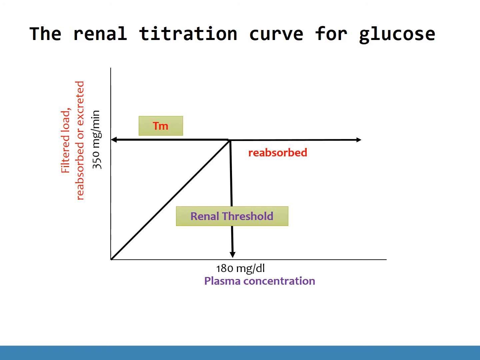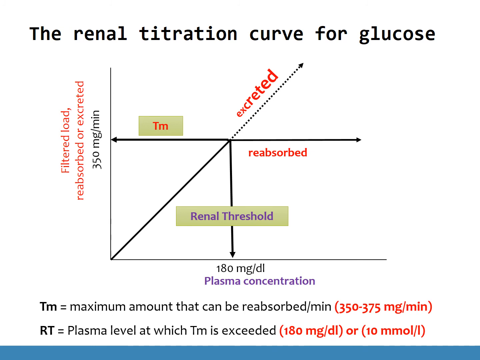So as you can see here, at the plasma concentration of 180 milligrams per deciliter, there is about 350 milligrams of glucose being filtered per minute. Until this point, 100% of glucose will be reabsorbed. But as plasma concentration increases, the glucose reabsorption will not be 100%. So the amount of glucose that is extra, which cannot be reabsorbed, will start appearing in the urine.